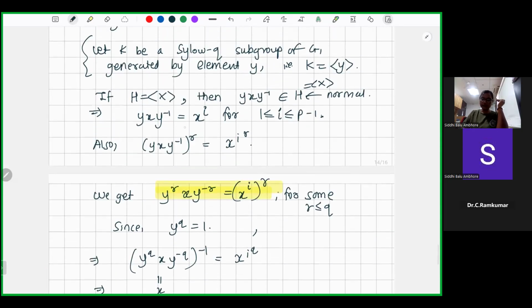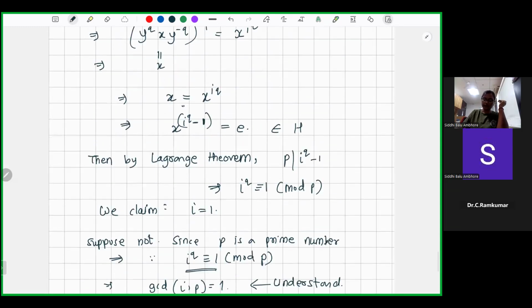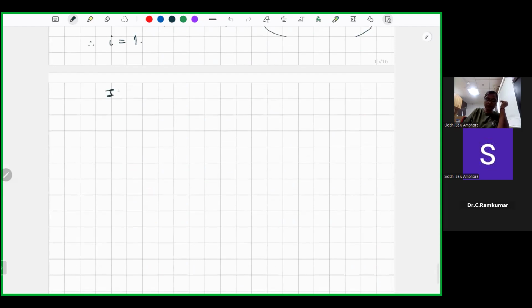And the moment I have i equal to 1, since i is equal to 1, this implies xy is equal to yx, because what I had there was y x y inverse equal to x power i, so y x y inverse is equal to x.